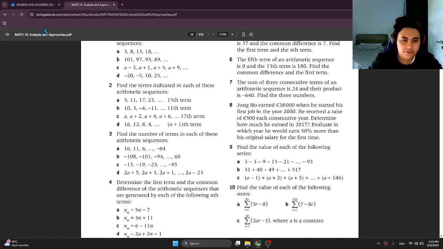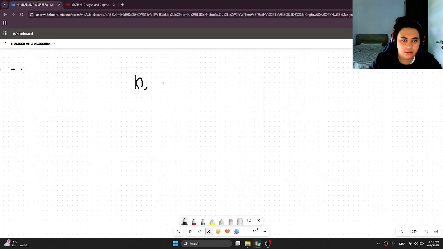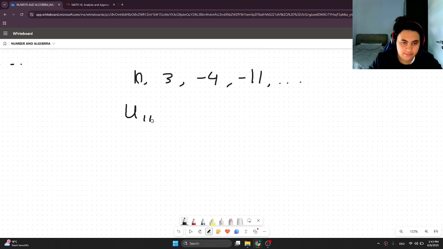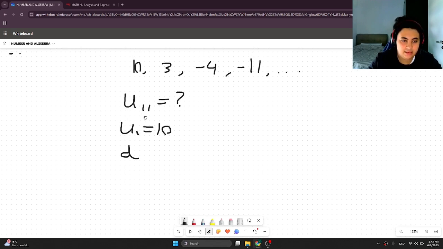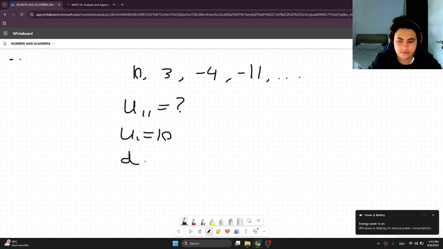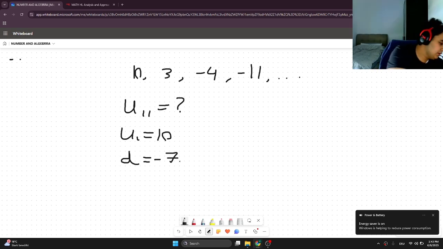We have 10, 3, negative 4, and then negative 11, and so on. And we're supposed to find U11. So U1 is equal to 10, and D is equal to 3 minus 10, that is negative 7. Let me plug in my charger.